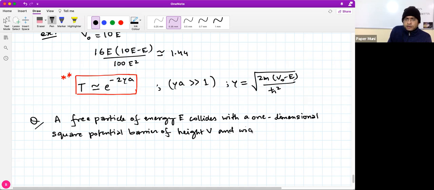Which one of the following statements is correct?